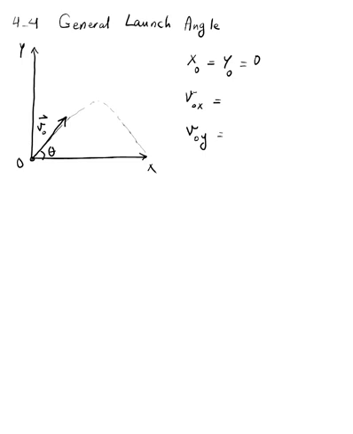In the x direction, v naught x is equal to v naught cosine theta, and in the y direction, the initial velocity is equal to v naught sine theta.